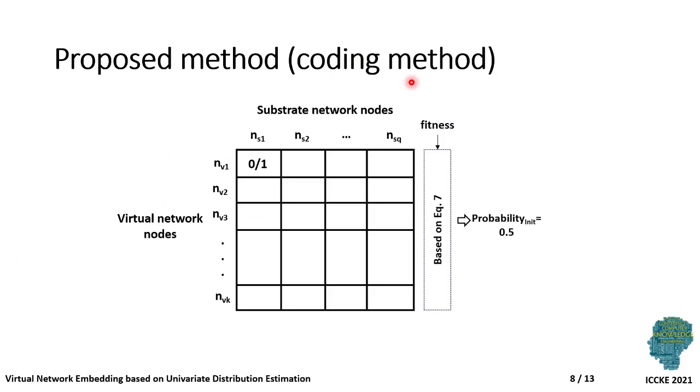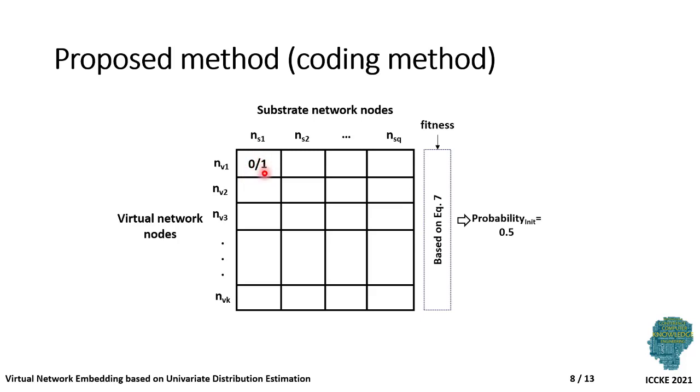Here you can see the coding method. In order to find suitable substrate nodes for each of the virtual nodes, we have one coding matrix, like this. On the rows, we have the virtual nodes of the virtual networks, and on the columns, we have the substrate nodes, and on each cell, we can have 0 or 1.